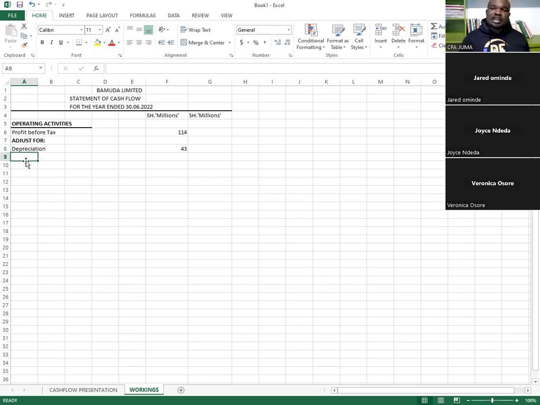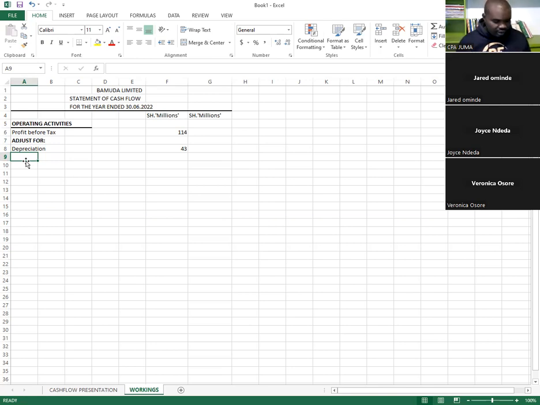Amortization is to these other intellectual properties. In a question whereby the examiner is not mentioning whether it is goodwill or intellectual properties, they just say intangible. All of them are intangible. When it says intangible assets, then in the presentation, you write amortization stroke impairment. It can be any when they are not specific.